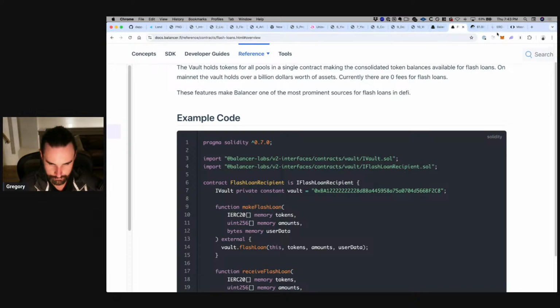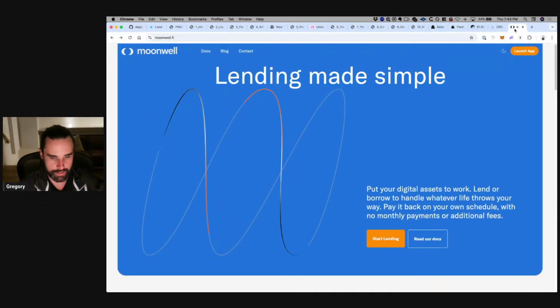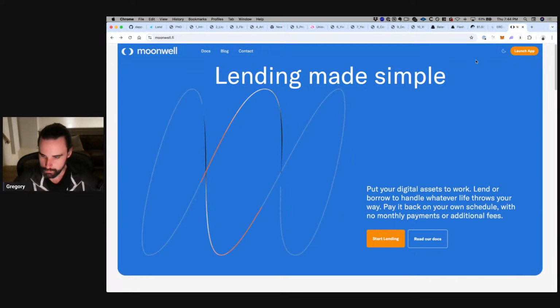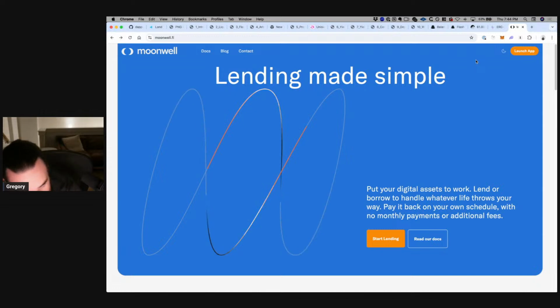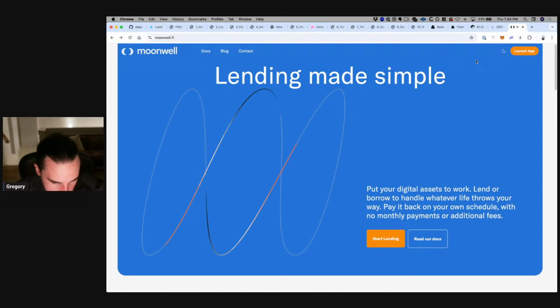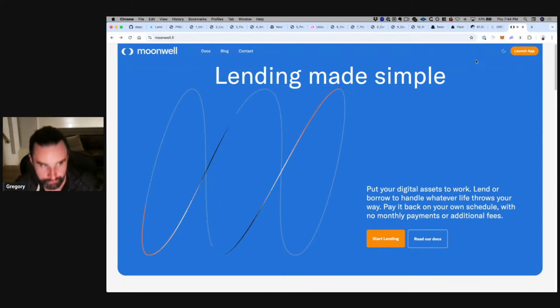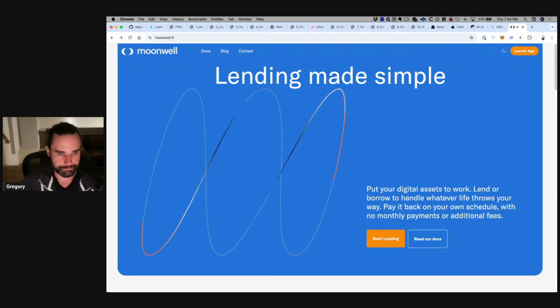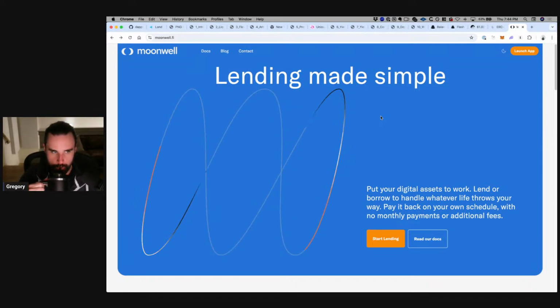I'm going to pull up this application here on Base. This is Moonwell. Moonwell is a savings and lending application. It works kind of like a bank.